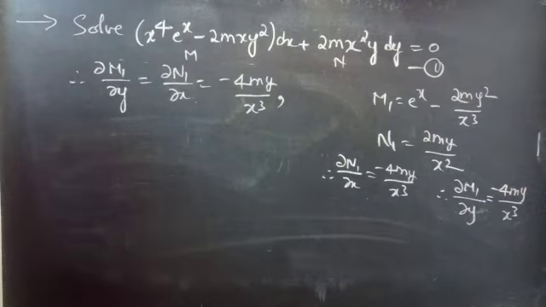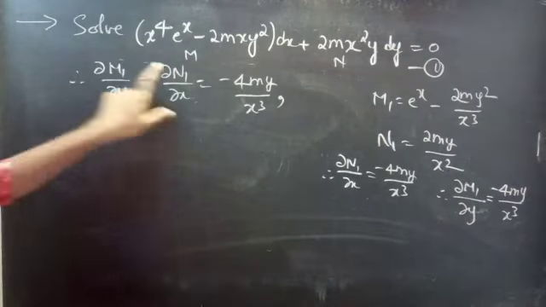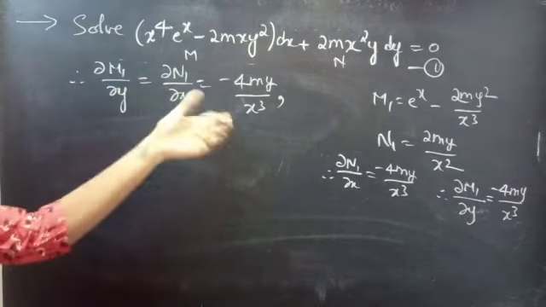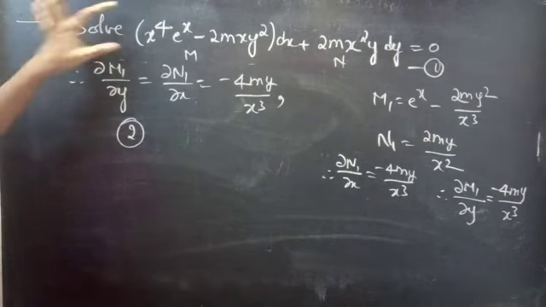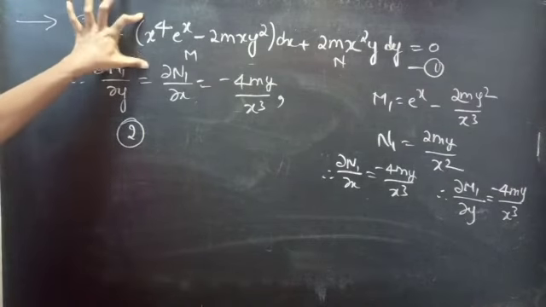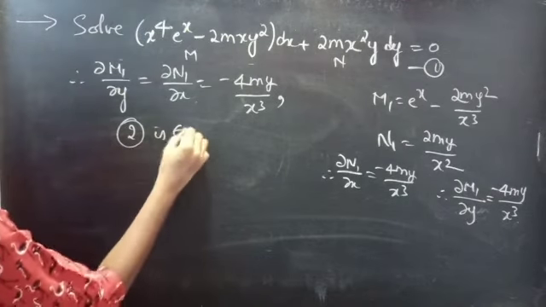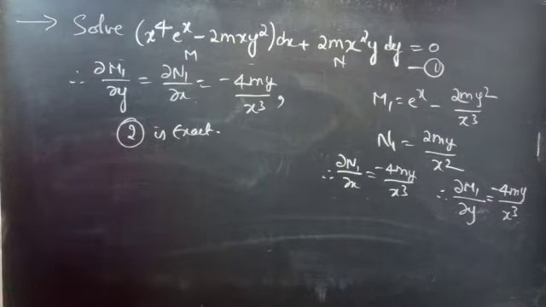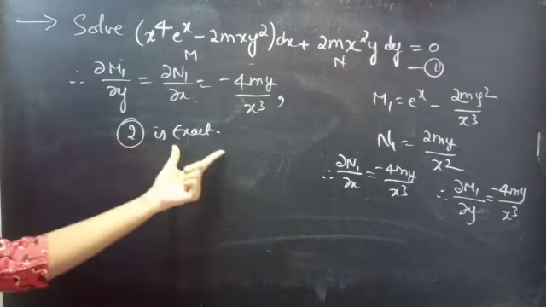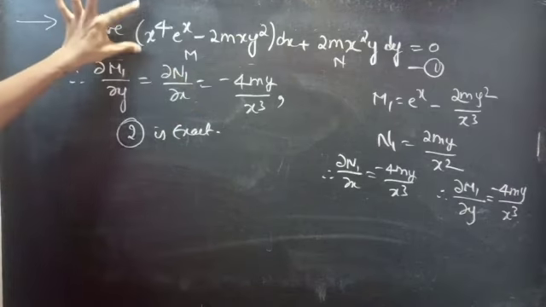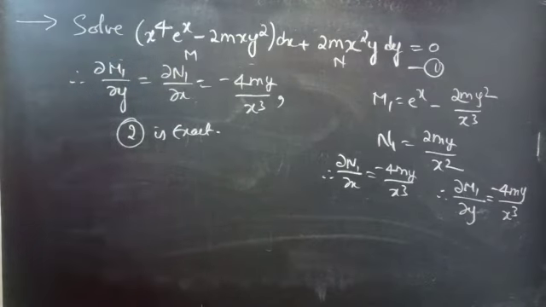Since partial derivatives of m1 and n1 are equal, we can say that equation 2, that is the equation obtained by multiplying the given equation with the integrating factor, is exact. Now we need to find the general solution to the given equation. So the general solution of equation 2, that is an exact equation, is the general solution of the given equation.